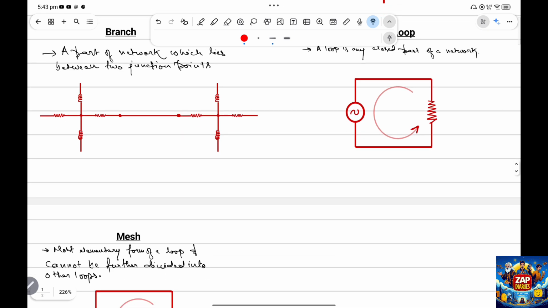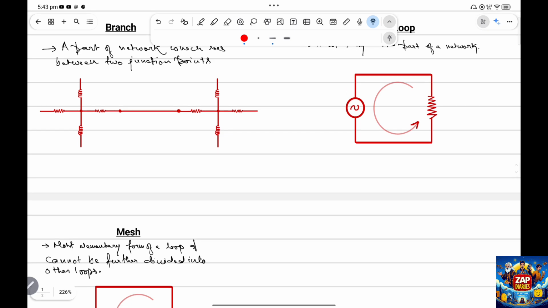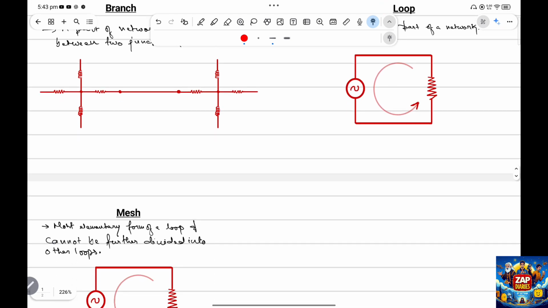The power will be delivered through this source to the resistor, and from this resistor it will go back to the source. This is what we call a loop in a circuit.